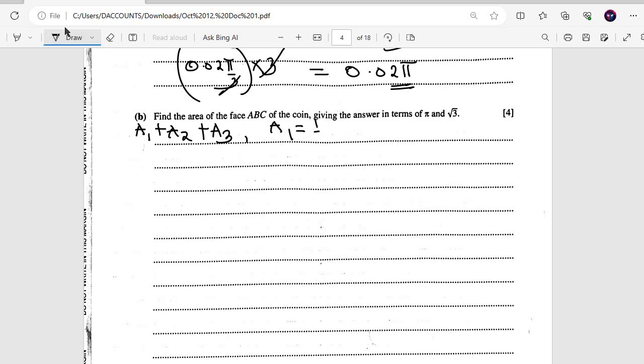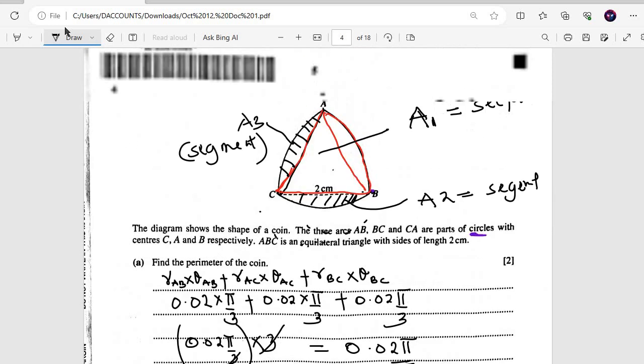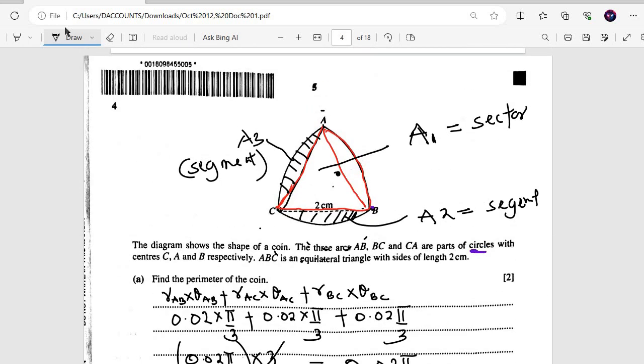Now our A1 is a sector. What is the area of a sector? Half r squared theta. Don't forget, this is 2 centimeter, this is 60, this is 60, and this is 60. So the area of a sector is half r squared theta.